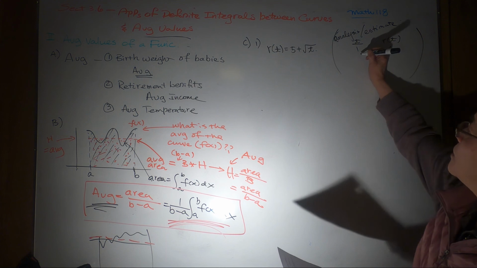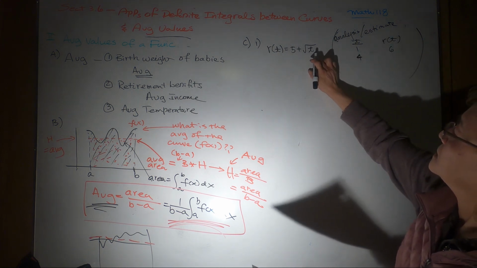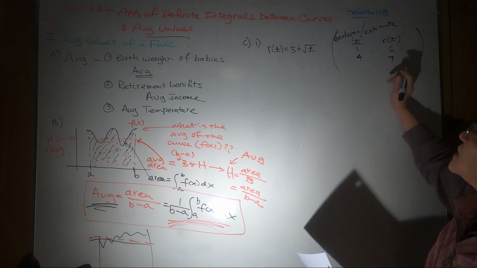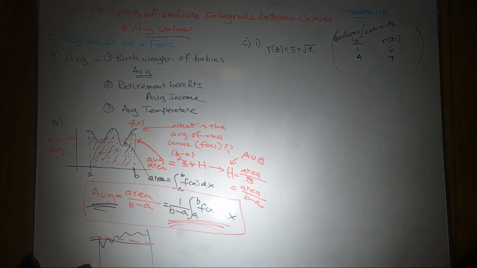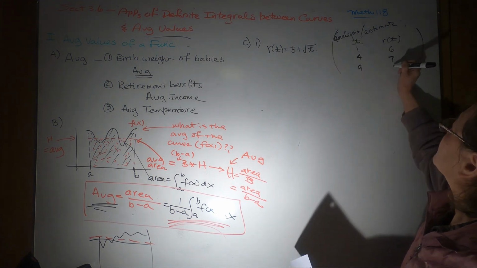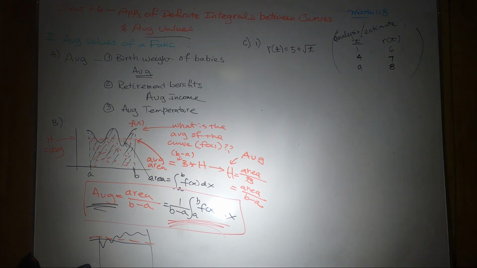Then at the 4th hour, square root of 4 is 2, plus 7... no, 2 plus 5, they can produce 7 cars at the 4th hour. At the 9th hour, square root of 9 is 3, they can produce what? 8 cars, say. Right?